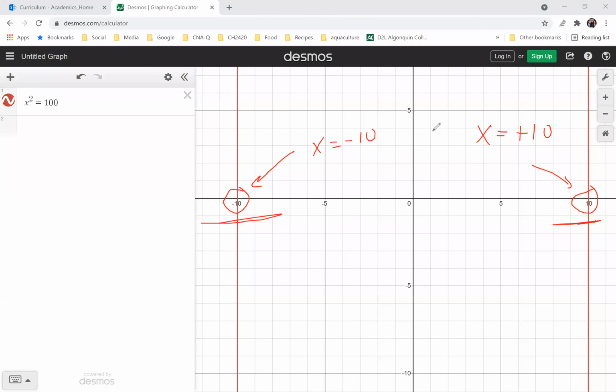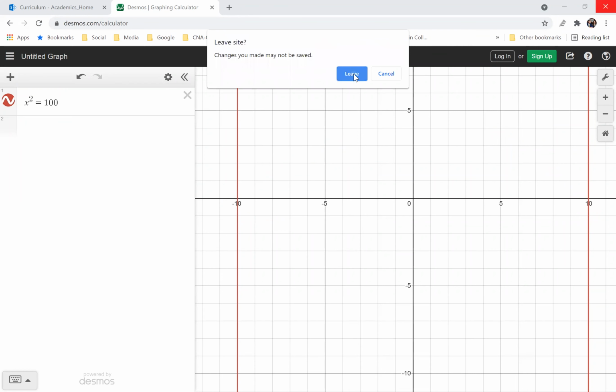The answers are where it crosses the x-axis. So this Desmos website I've been showing you for a while is really good, really fun for solving these.